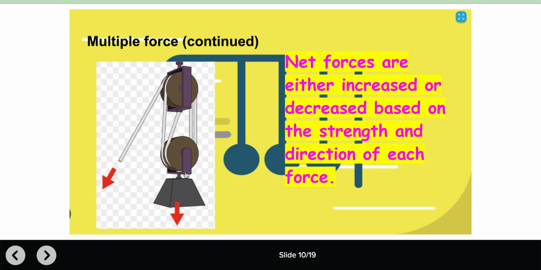And if this weight is stronger than your force pulling it up, then it's eventually going to just hit the ground anyway, and the net force will be greatest with this weight, or with the gravitational pull. If you were strong enough to lift this weight up and keep it up, your force would be the strongest aspect of the net force, since you would be able to keep it from touching the ground.